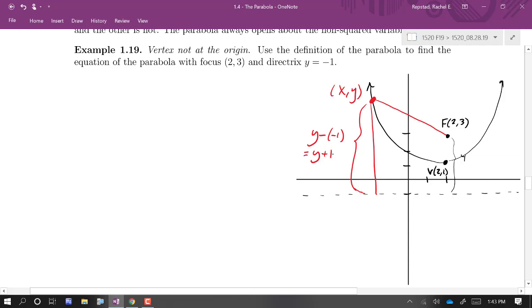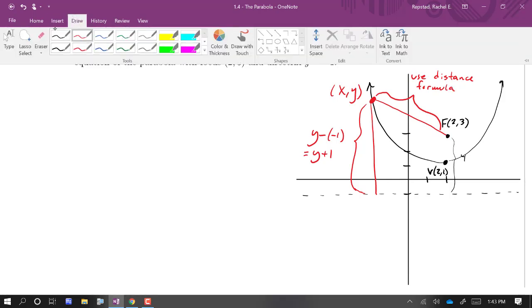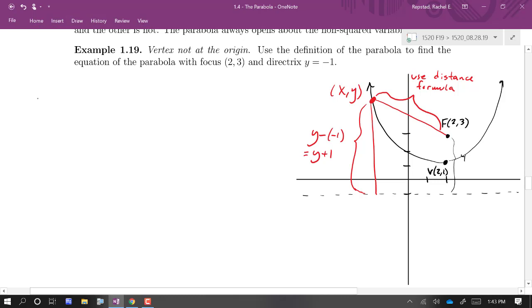The other distance, we'll just use the distance formula. And then we're going to set those distances equal. So y plus 1 is equal to, and now what does this look like if we just plug in the distance formula?